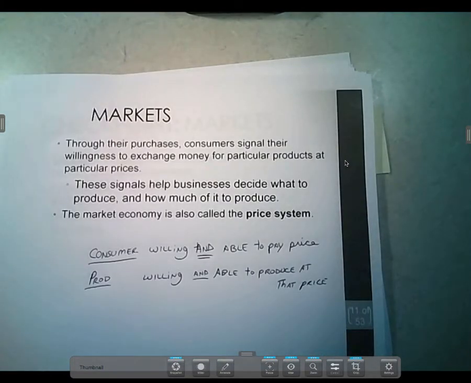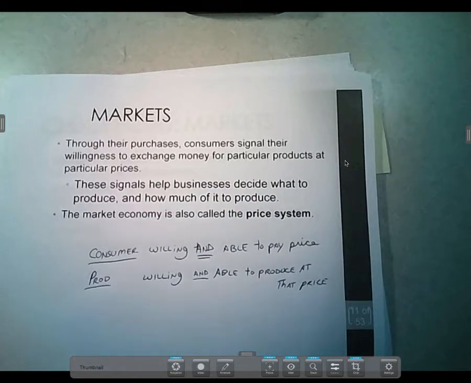Both the consumer has to be willing to buy the good at that price and have enough money to be able to pay that price, and the producer, when they're offered that price, has to be willing and able to produce that product.